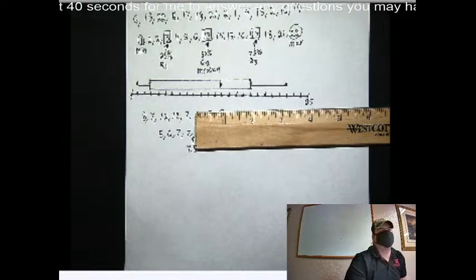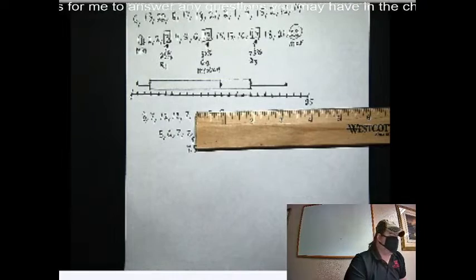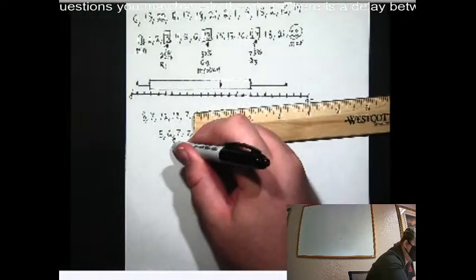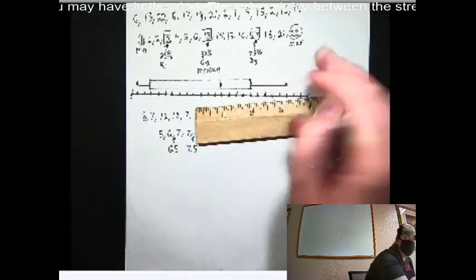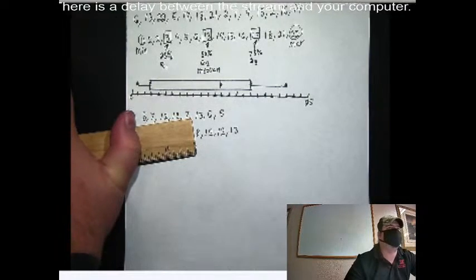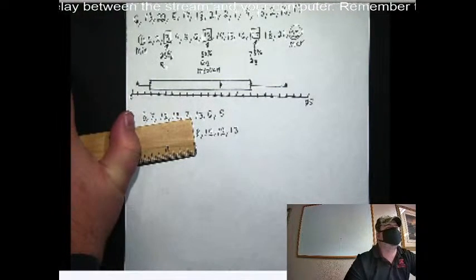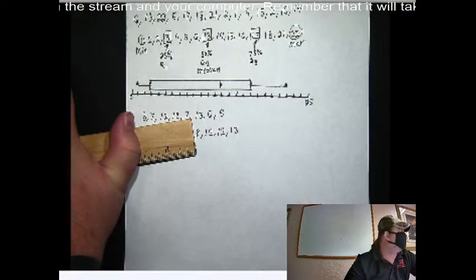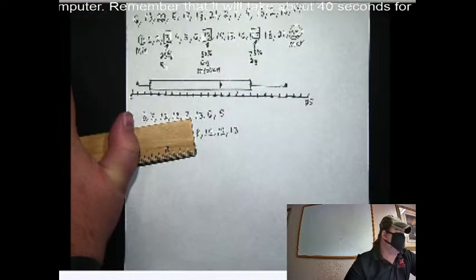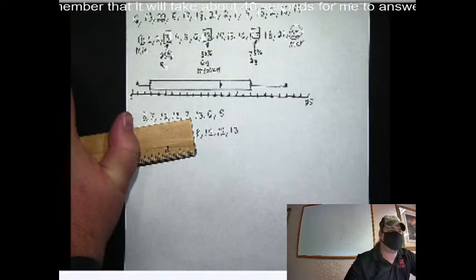So what's the median on this side? 6.5. Okay, and this side. What's our median? Yeah, it's still 12.